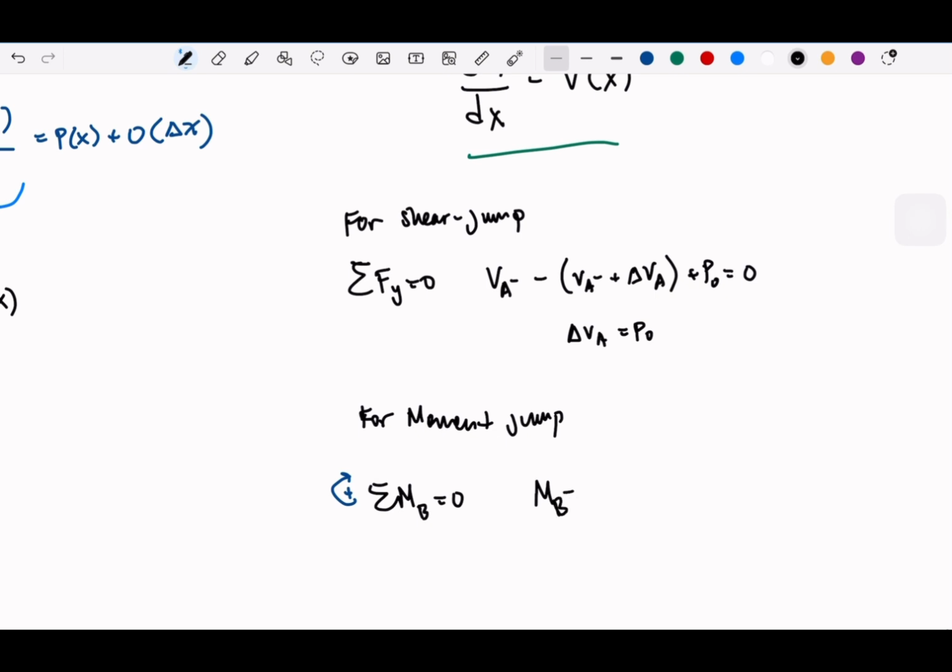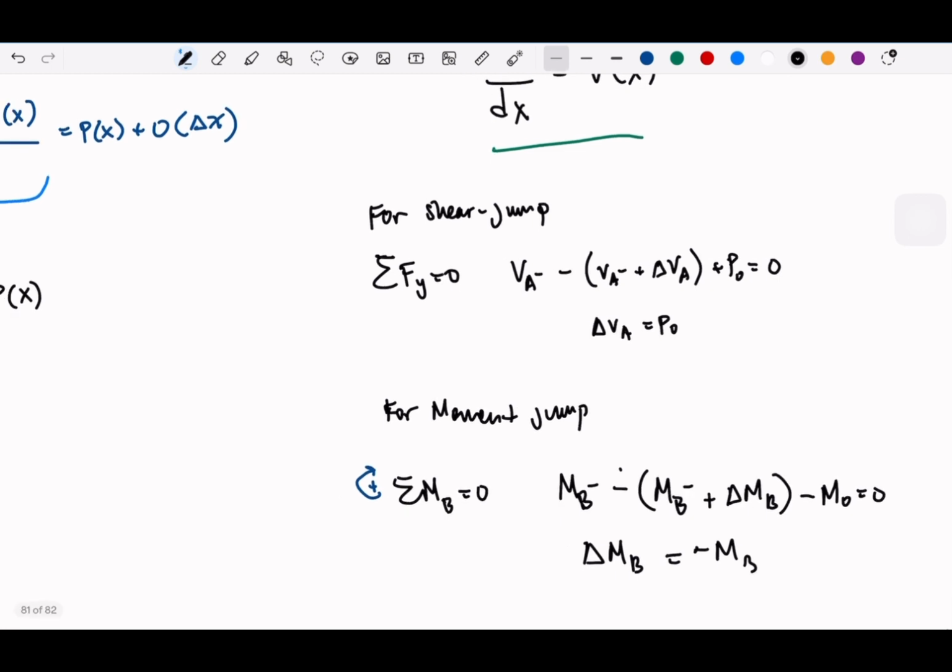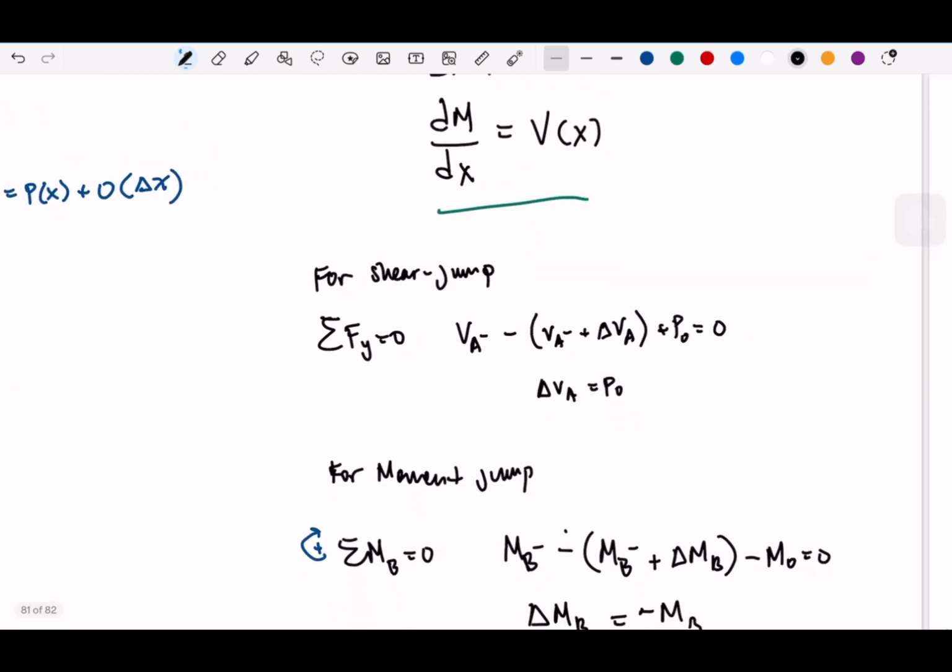So B minus, which means a little bit to the left of B, minus plus delta M_B, and then minus M0. So delta M_B will be equal to M0.